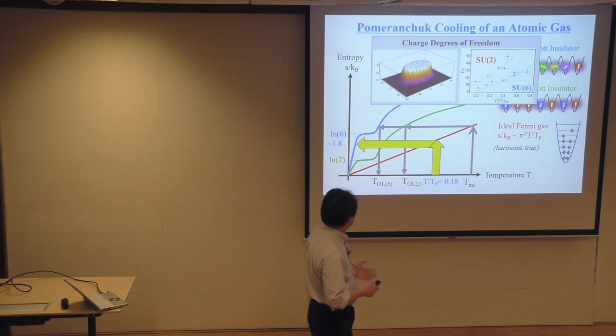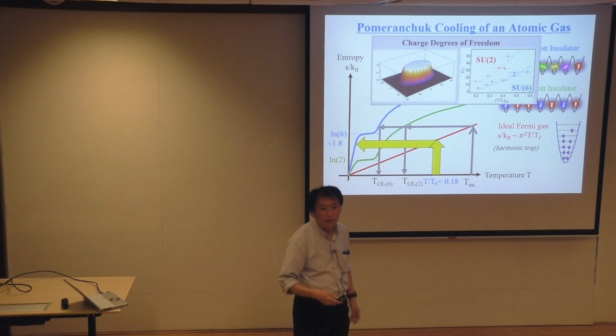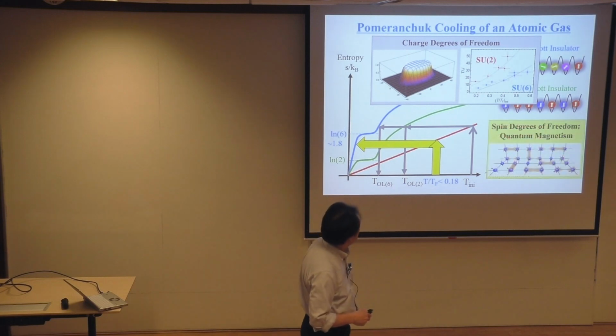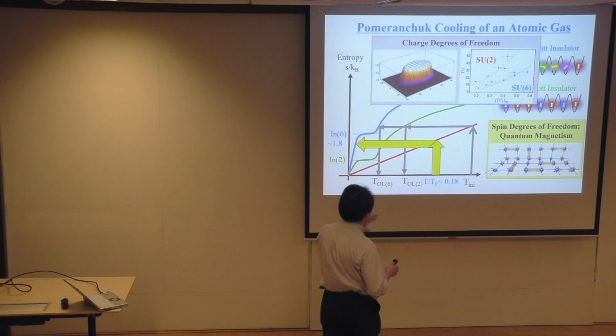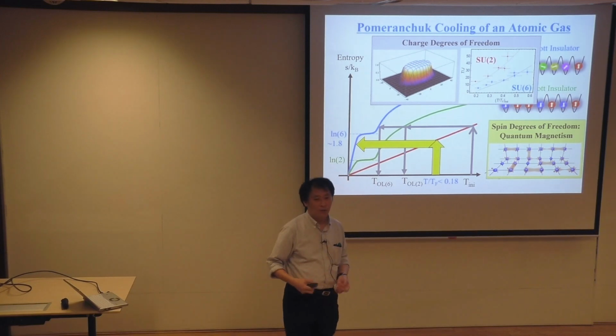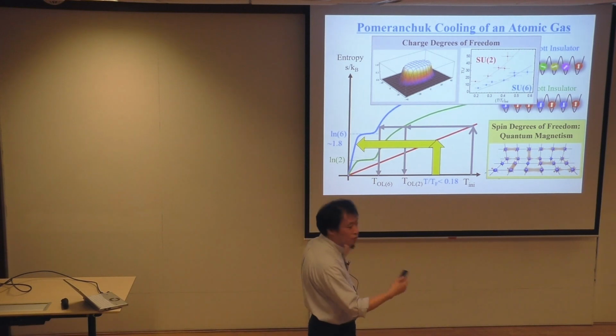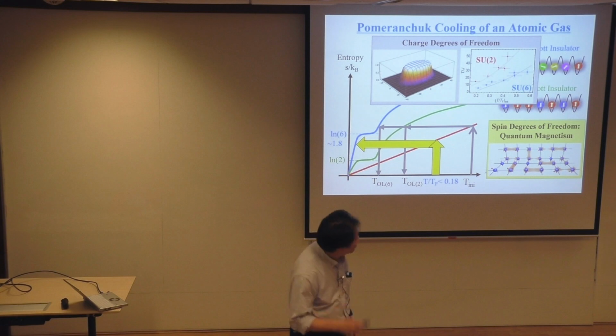Now we can prepare such a low temperature Fermi gas with our technique, so we can study novel SU(N) quantum magnetism with our system. This is the Pomeranchuk cooling effect of an atomic gas.